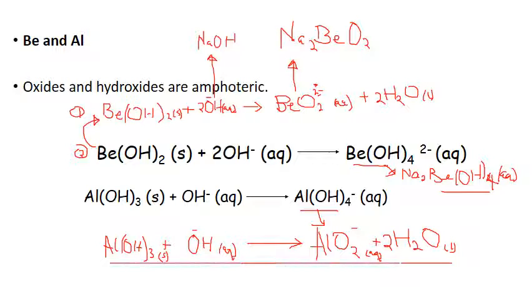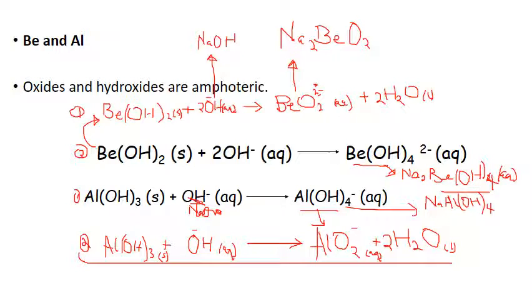So this is an alternative. We have either this or this one, but all of them mean the same. So in the same issue, sodium hydroxide. Then here, same issue, sodium aluminate, which is written just like that.